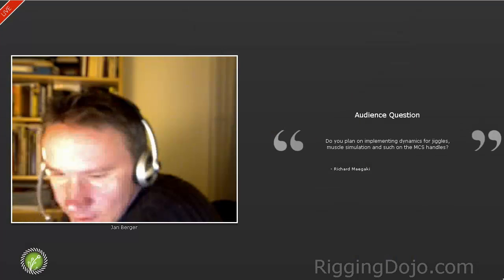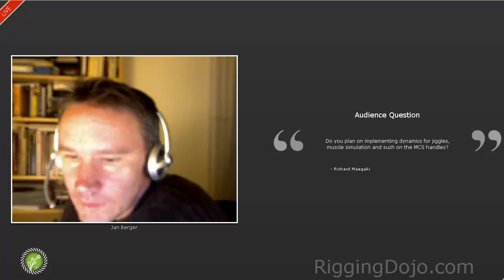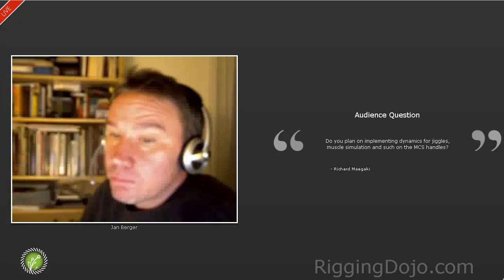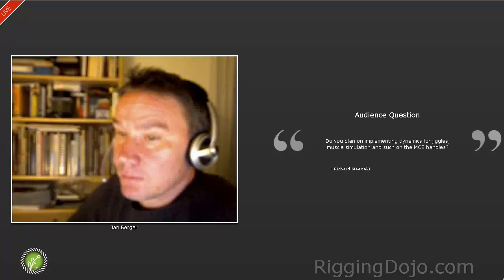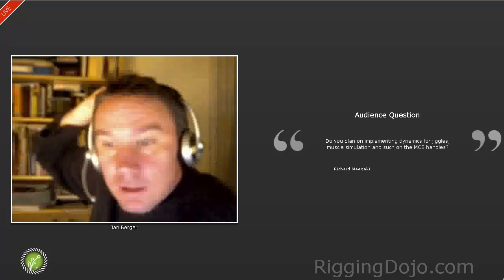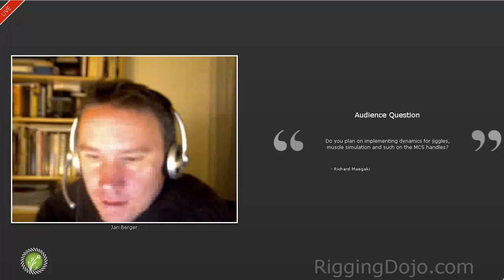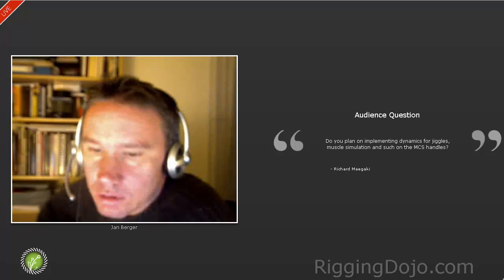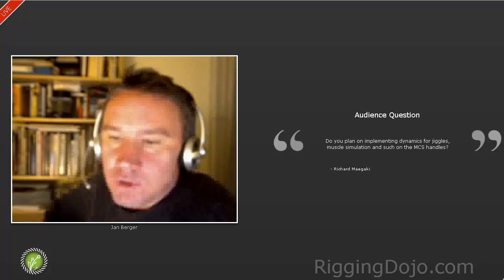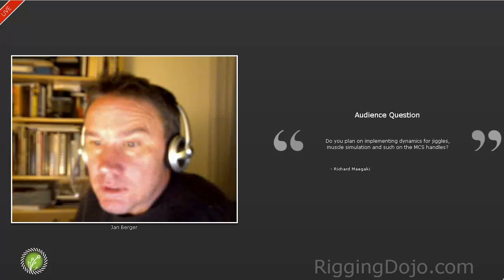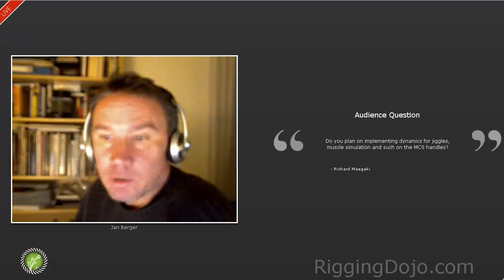Okay, do you plan on implementing dynamics for jiggles, muscle simulation, and such on the MCS handles? Dynamics is a very interesting point. If you have some IK spline to get some sort of wiggle, that would certainly be cool. Regarding muscles, I don't know. Seems to me the Maya muscle tool works quite well.